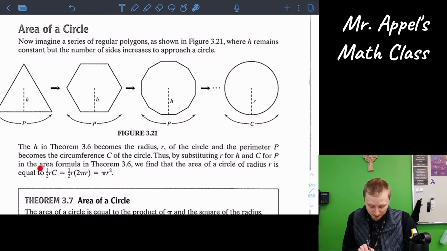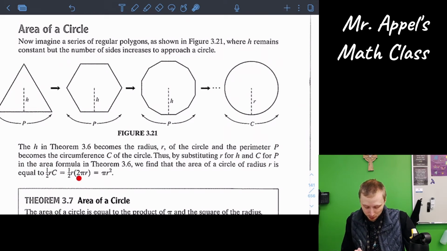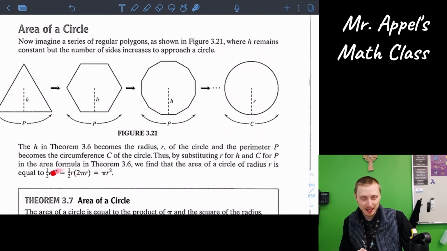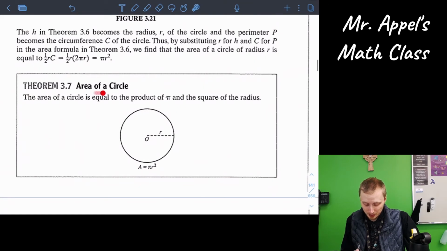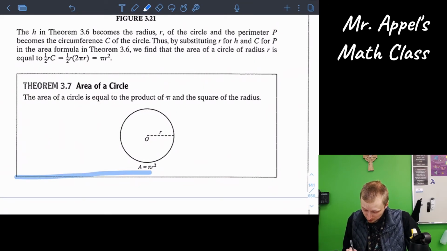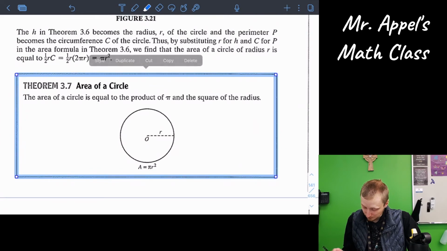That is a perfectly valid, perfectly reasonable area formula for a circle, but we know what c is. C is equal to 2 pi r, so we can substitute that back into this formula and simplify to get pi times radius squared. The area of a circle then is equal to the product of pi and the square of the radius.